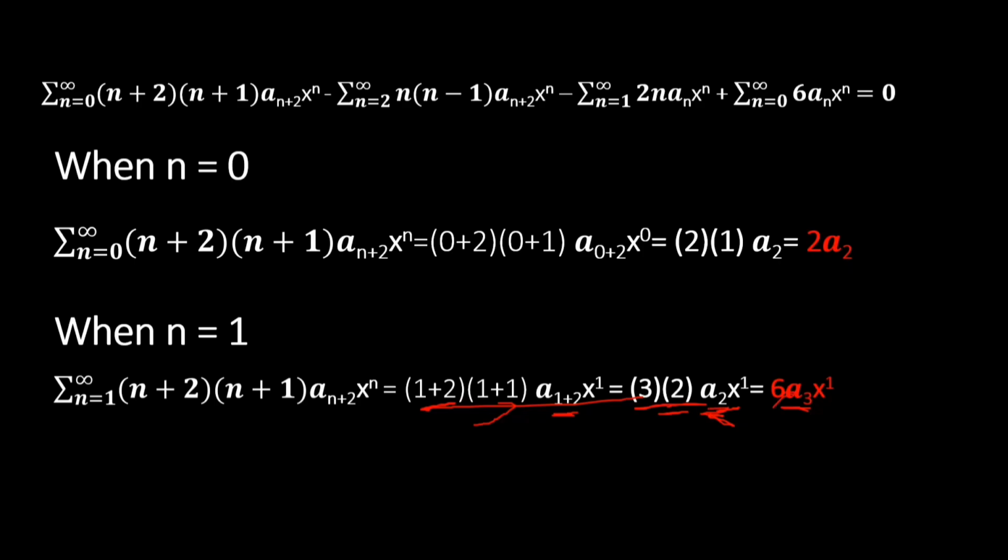Then this one will be a subscript 3, as I've explained, because a subscript 1 plus 2 will give me 3. Then I have x raised to power what? 1.